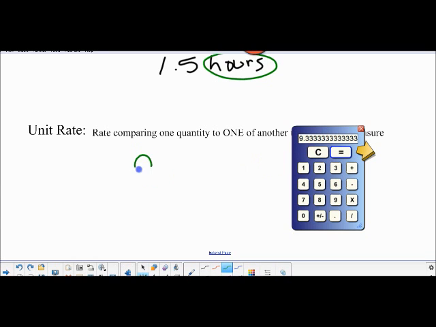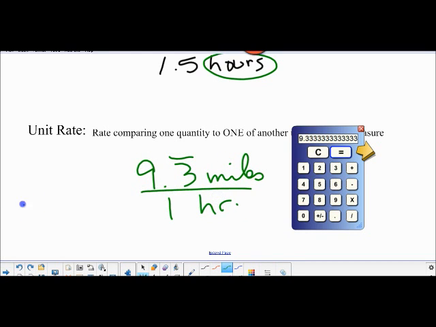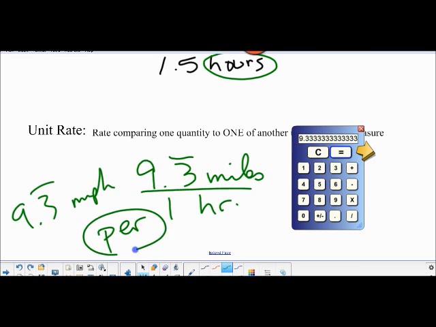So that would give me 9.3 repeating miles in 1 hour. And I can write mph, or miles per hour. And this word per, when I'm talking about a unit rate, means for every one. So there's 9.3 miles for every 1 hour.